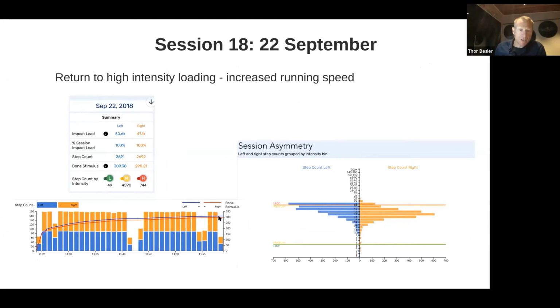And again, you see some discrepancy here between left and right limb. And Dean was also noticing that as Holly would get tired, she might revert back potentially to offloading that limb. This is where real-time feedback becomes really useful. So if you can monitor and measure these loads in real time, you can give this feedback to your athlete as they're actually exercising, which is a really interesting paradigm.